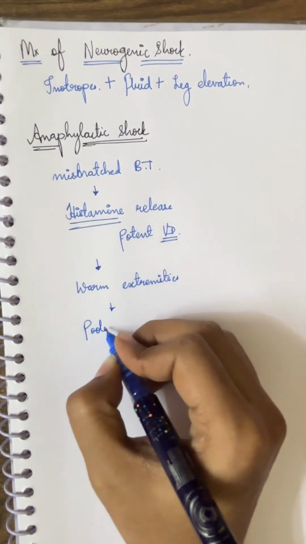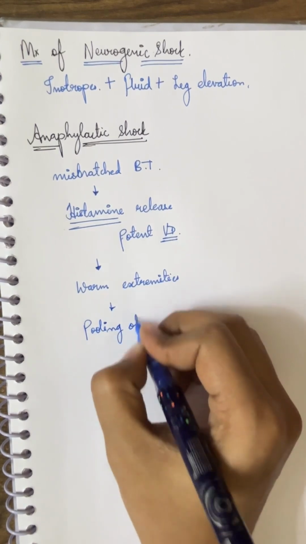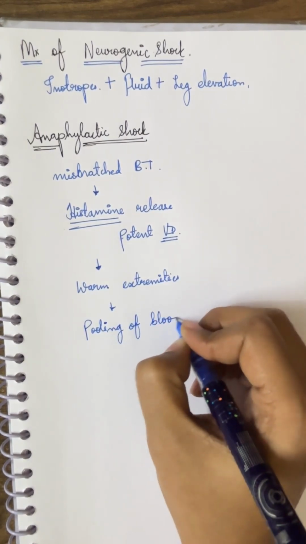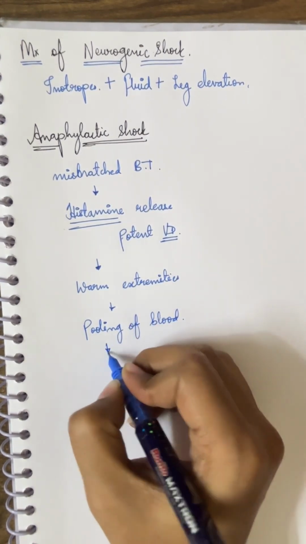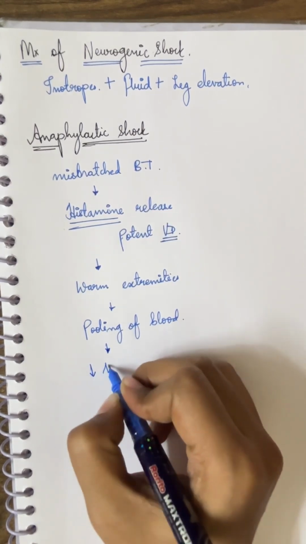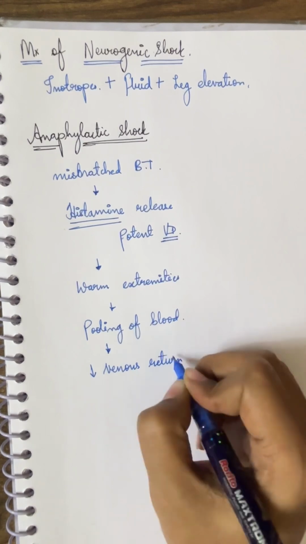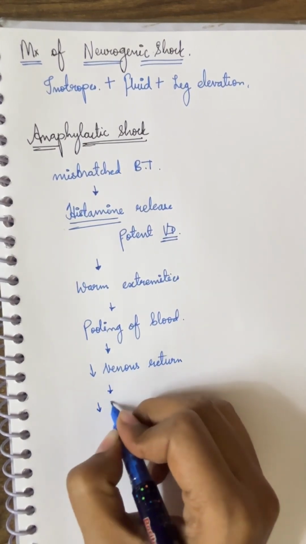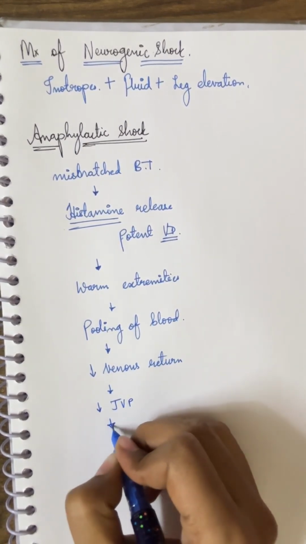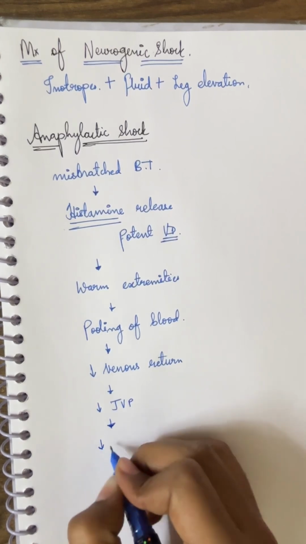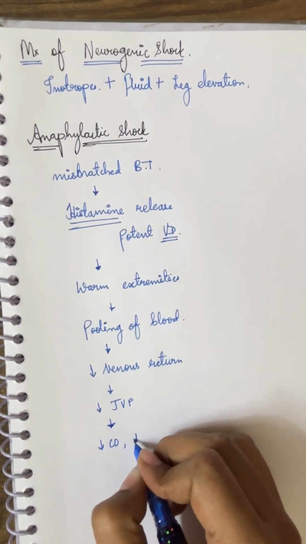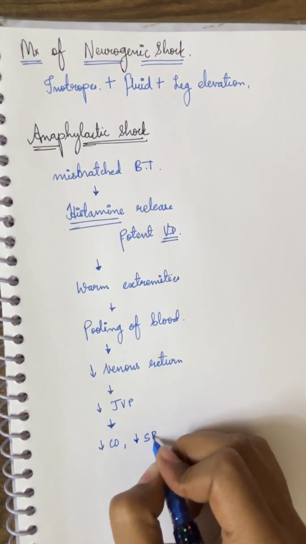Due to vasodilation, there will be pooling of blood that leads to decreased venous return, decreased JVP, that is jugular venous pressure. Cardiac output will also decrease, and systolic BP will decrease.